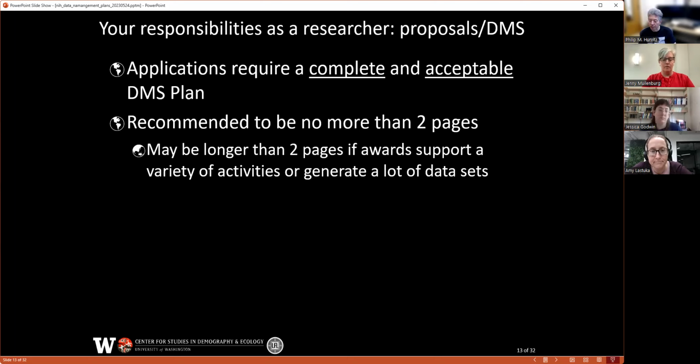We have so many different activities, and we're generating a lot of different data sets, so you don't have to be limited to 2 pages, but I think the intention is that it's to be succinct to cover the data that you're going to be generating.